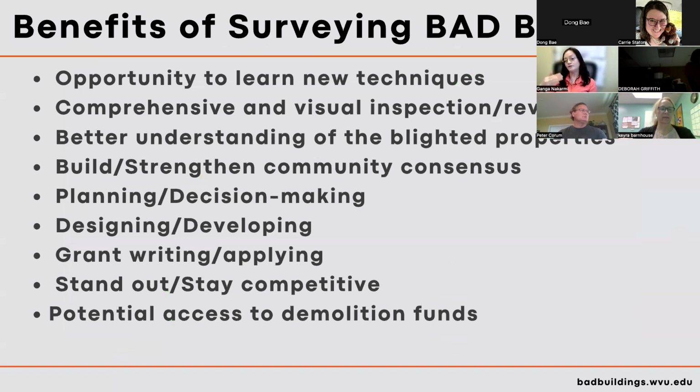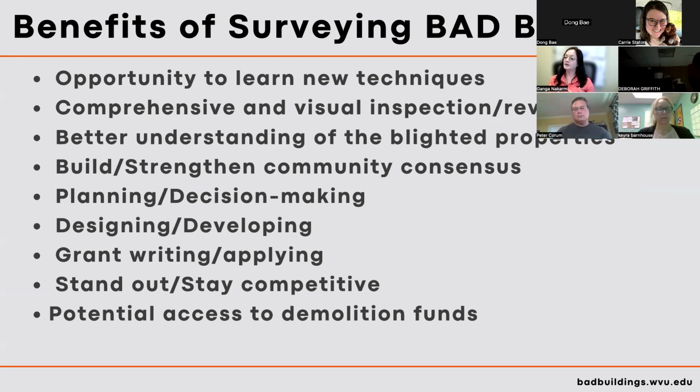So after we do all these things, now we can see some benefits about this surveying. The benefits are discussed here: opportunity to learn new techniques. As I said, we'll be using this Rigrid software in the field, so you will learn how to take the data by using that software.